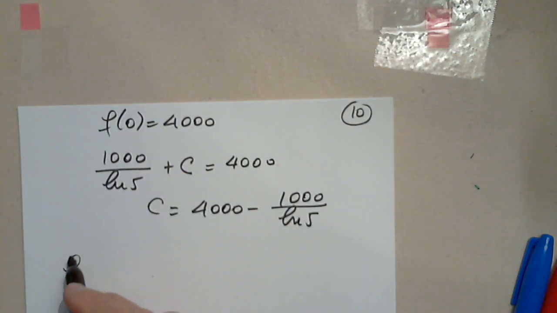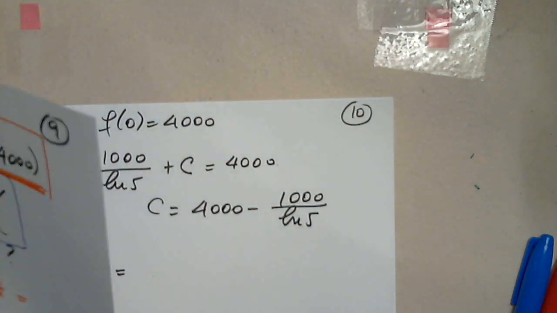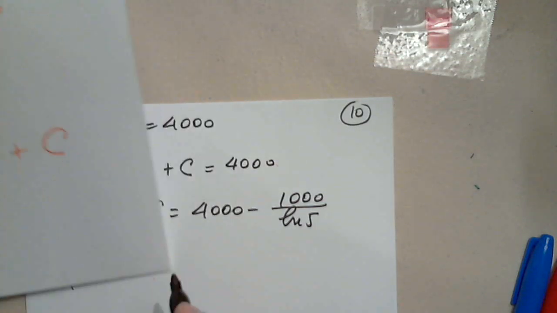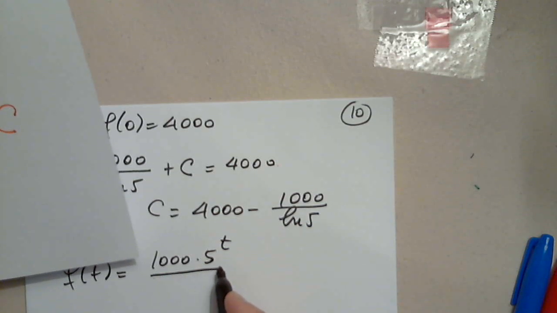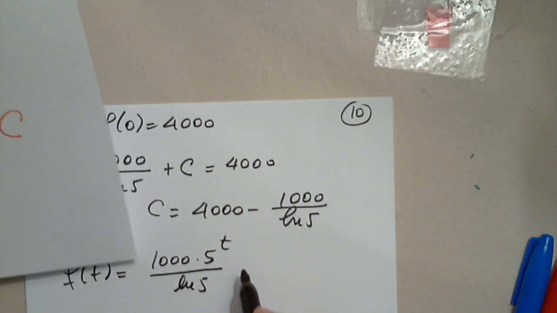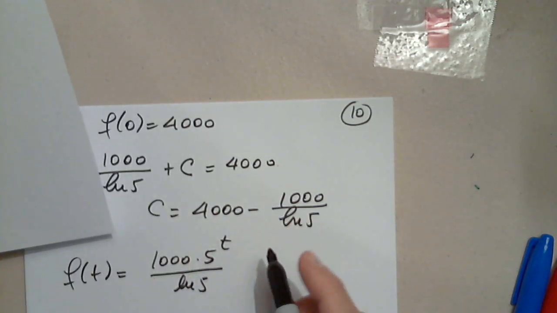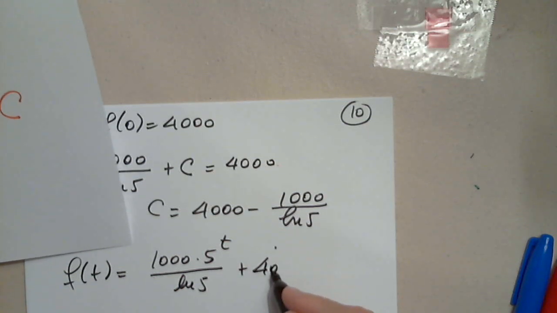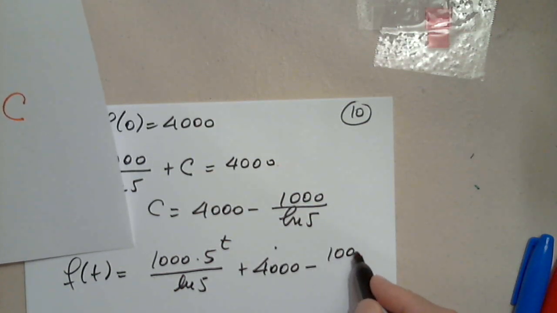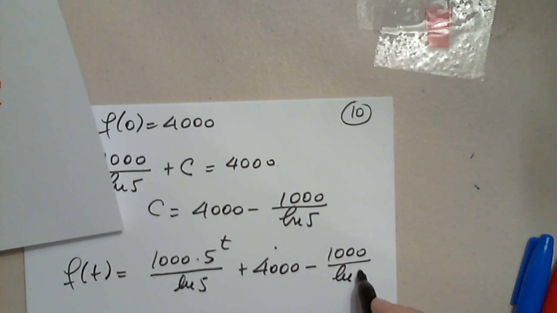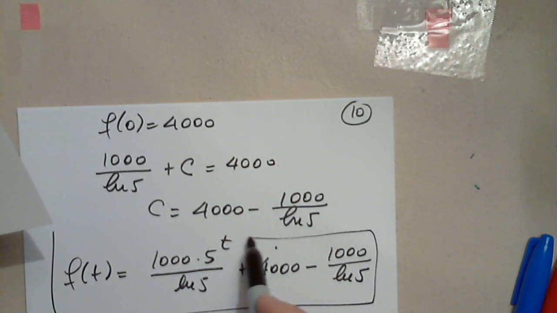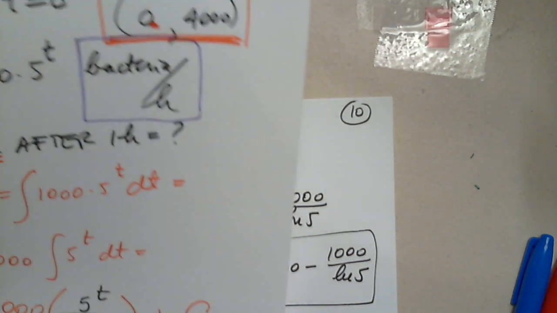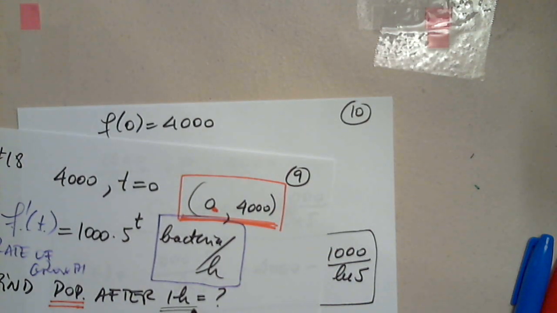After all this work, I do have f of t, which is 1,000 times 5 to t over natural log 5 plus the constant, 4,000 minus 1,000 over natural log 5. We found the function that gives the population at any time t, but they only want us to find the answer after 1 hour.